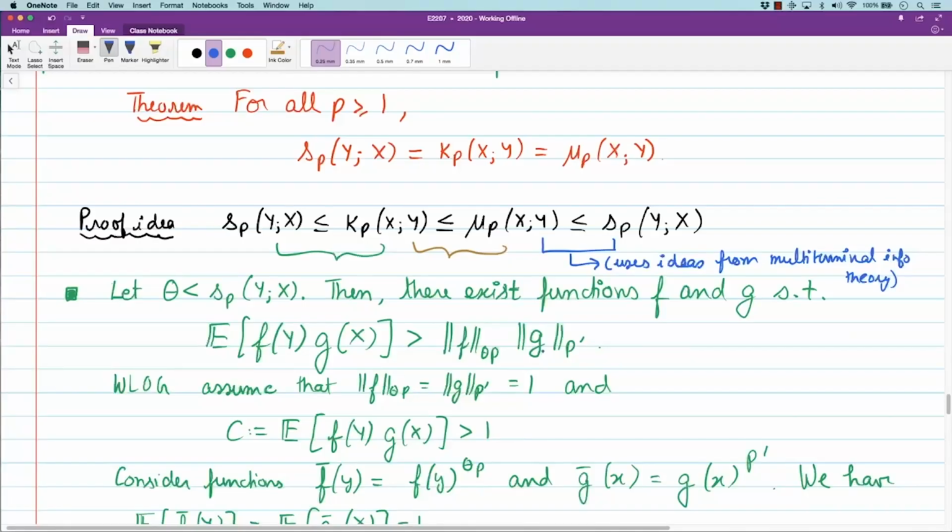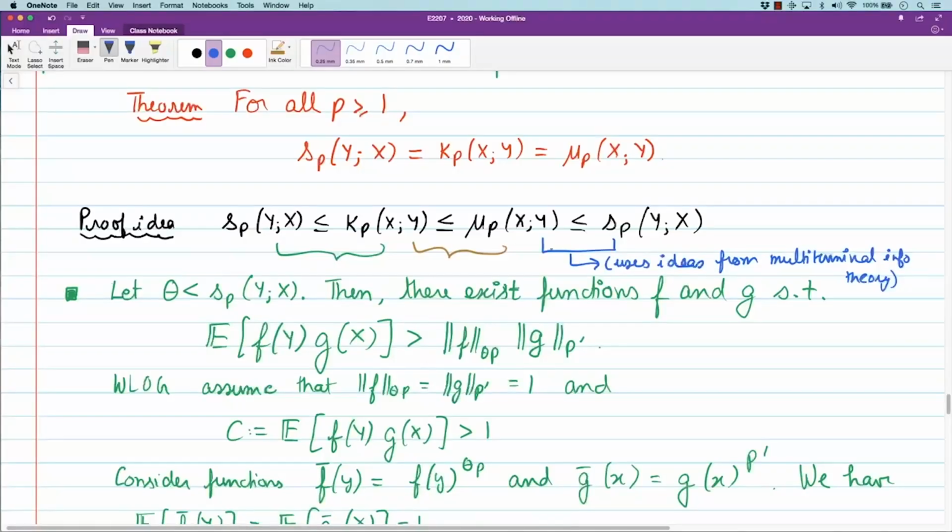One more observation here is that while for a given X, Y, s_p(Y;X) must be attained by arbitrary functions, s_p(X^n;Y^n) for sufficiently large n can almost be attained by sets. So there is actually no loss of generality in using these sets.